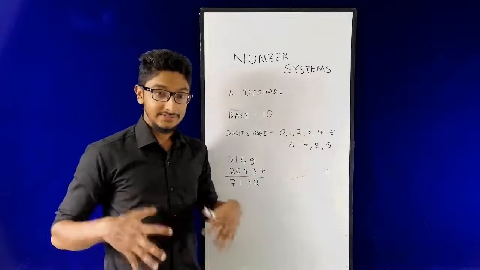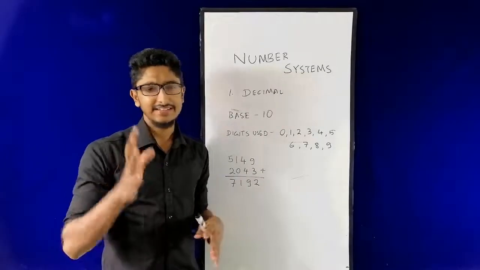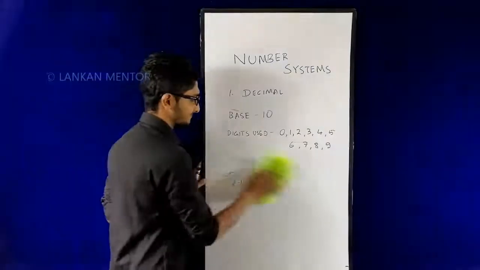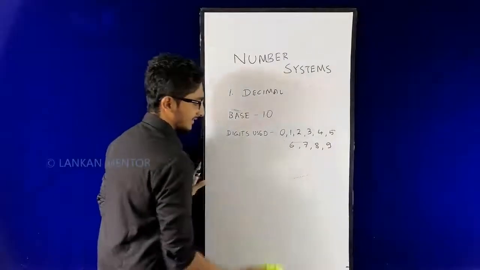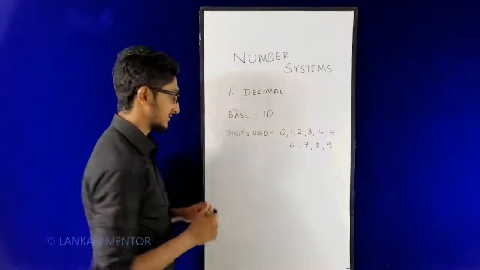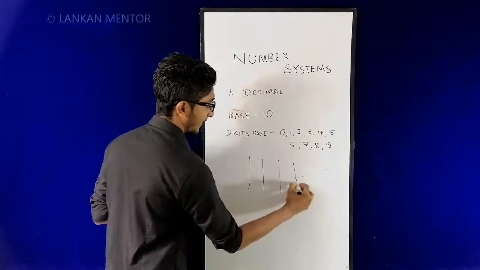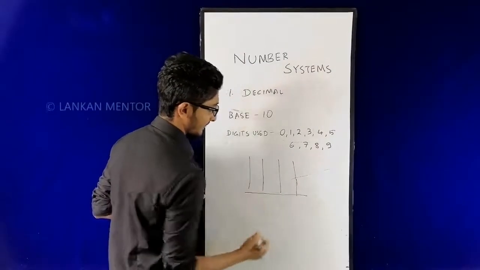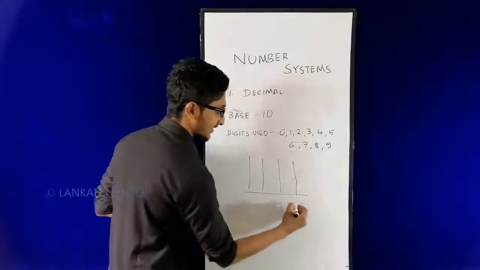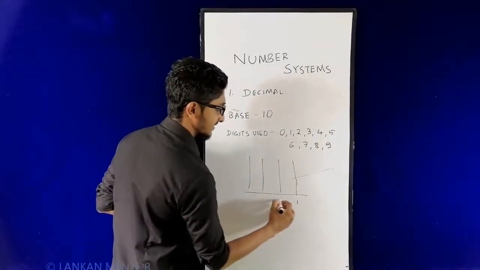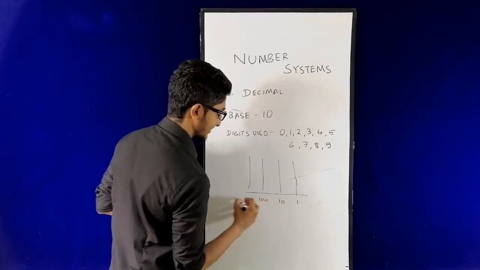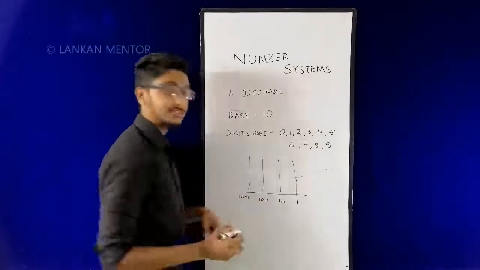If you want some more examples, take the abacus. This is ones, this is tens, this is hundreds, this is thousands.